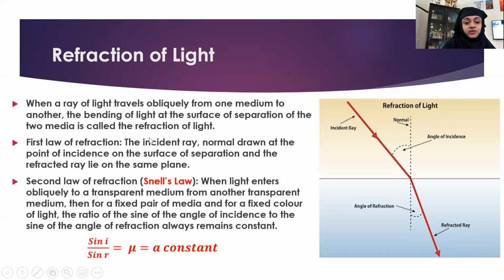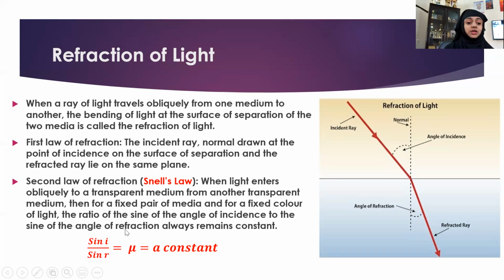And the second law of refraction, which is also called Snell's law because it's put forward by the scientist called Snell, states that when light enters obliquely to a transparent medium from another transparent medium, then for a fixed pair of media and for a fixed color of light, the ratio of the sine of angle of incidence to the sine of angle of refraction always remains constant.